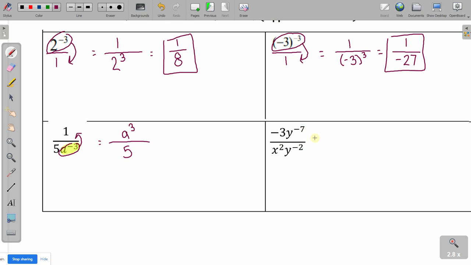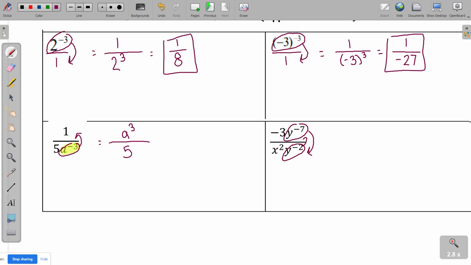Our last problem here, we have negative 3 times y to the negative 7th, all over x squared y to the negative 2nd. Circle your negative exponent. So we have y to the negative 7. We're going to move it down. We have y to the negative 2nd.